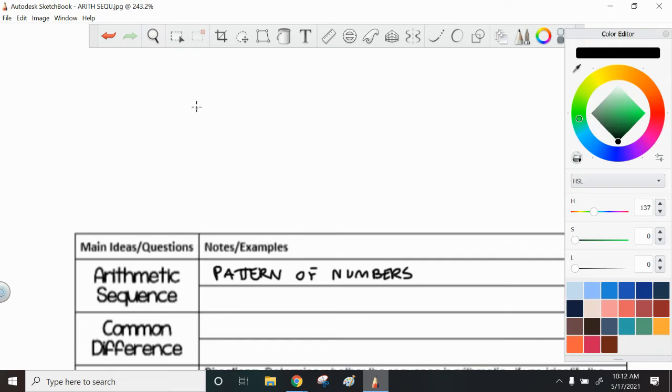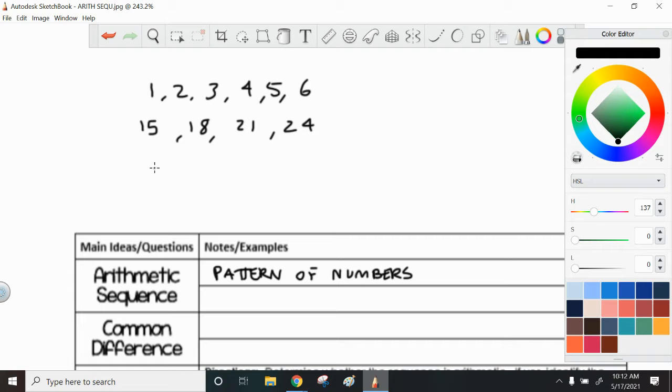For example, you don't have to write this down, but we could have the pattern 1, 2, 3, 4, 5, 6. We would need commas in between. We could have the pattern 15, 18, 21, 24.